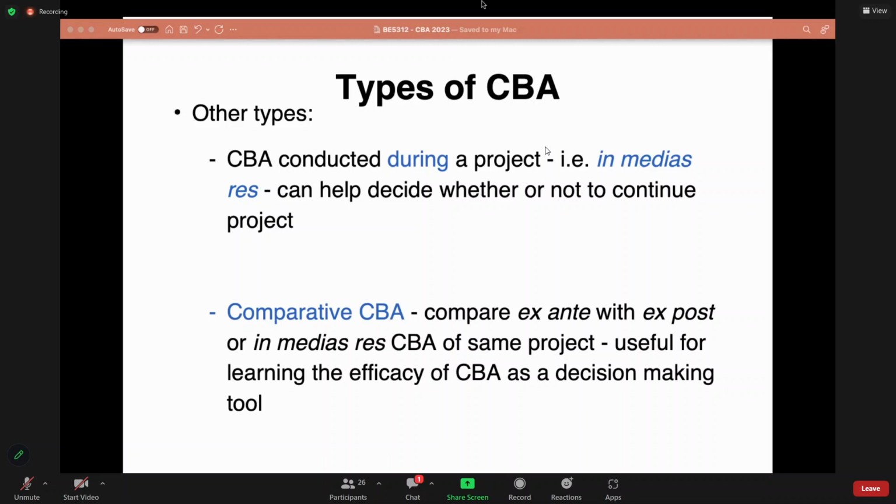Again, that can be used as a learning exercise, to see whether your estimates were correct, whether the things you originally forecasted were accurate.